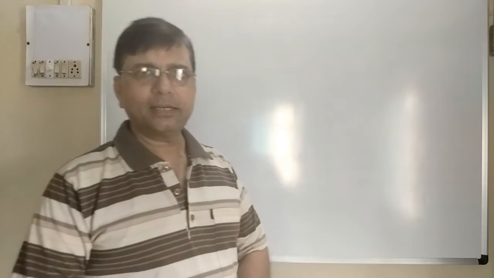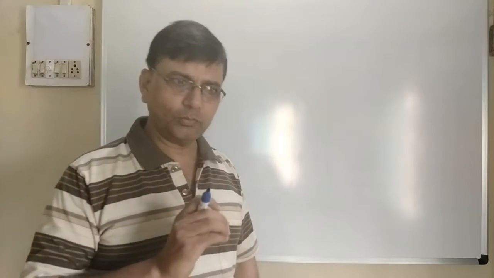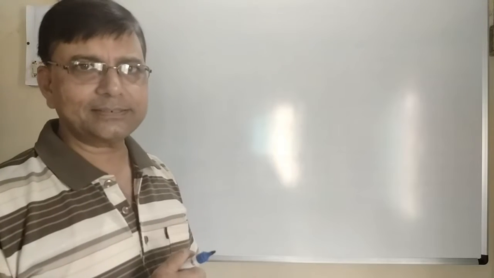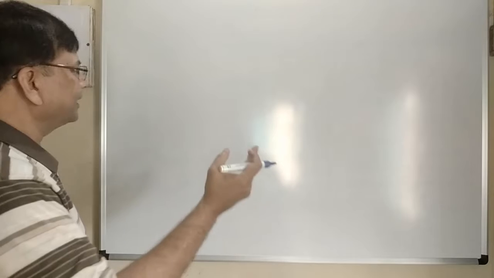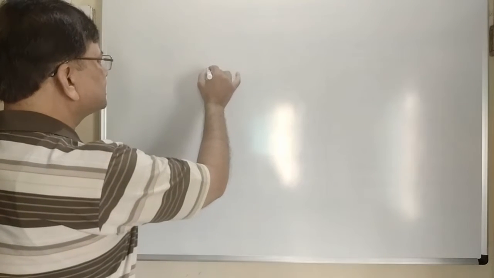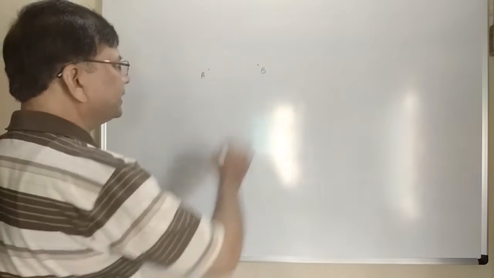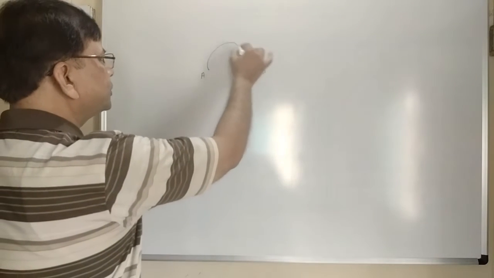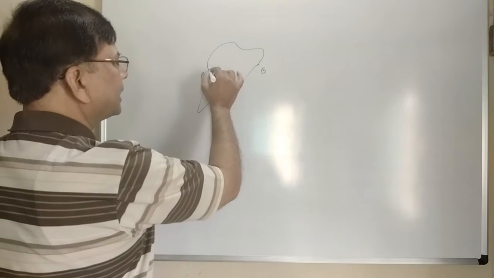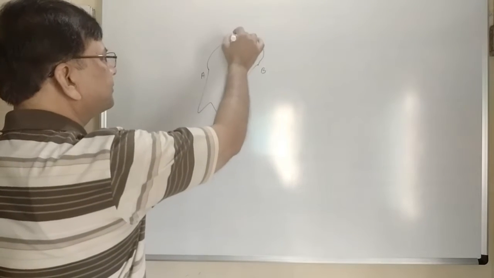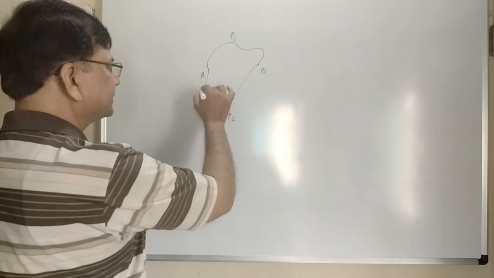My dear students, in the previous lecture we had discussed two physical quantities, that is distance and displacement. In case of distance, if you remember, I had told you, suppose an object moves from A to B along two different paths. Suppose this is the P1 path and this is the P2 path.